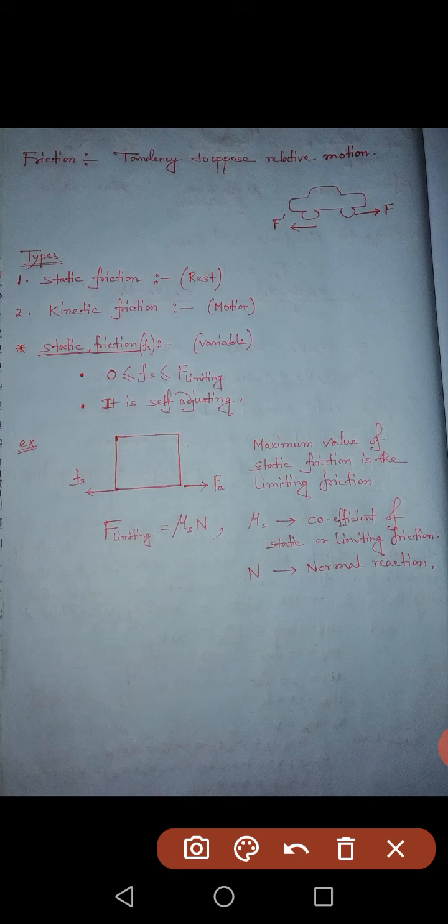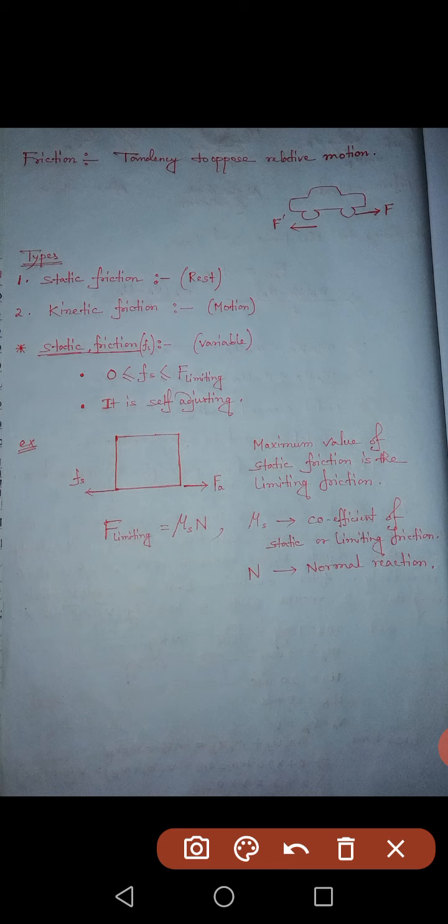Then another thing I have written: it is self-adjusting. These are some natures of static friction. One nature I said is that it is variable. One nature I said is that it lies between this range. Another one is self-adjusting. Obviously it is self-adjusting, because just now I said that if a 10 Newton force is applied, the frictional force becomes 10. When 15 is applied, the frictional force becomes 15.